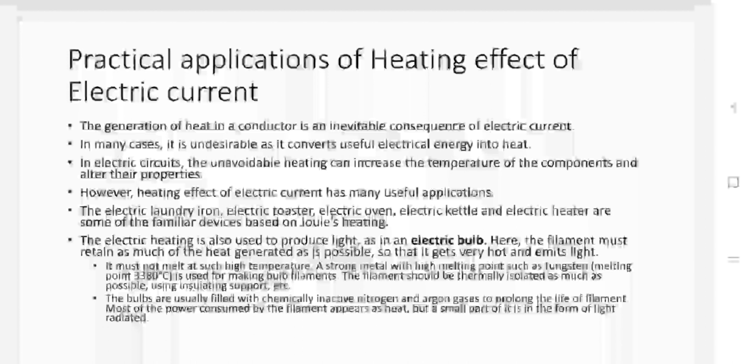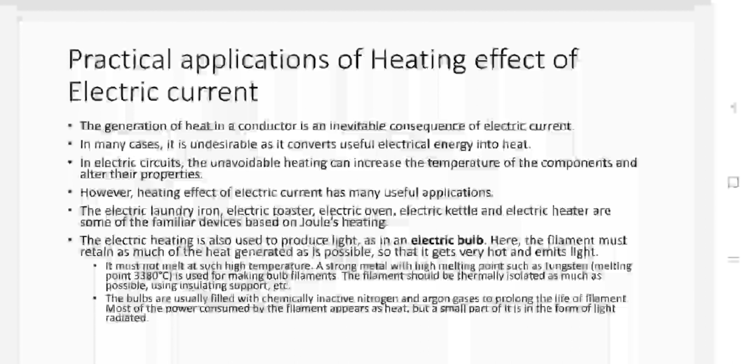Now the next topic is practical applications of the heating effect of electric current. The generation of heat in a conductor is an inevitable consequence of electric current. In many cases, it is undesirable as it converts useful energy into heat. In electric circuits, unavoidable heating can increase the temperature of the components and alter their properties.